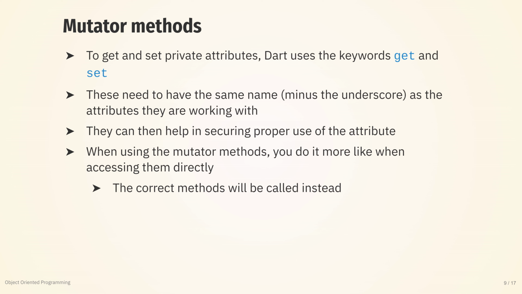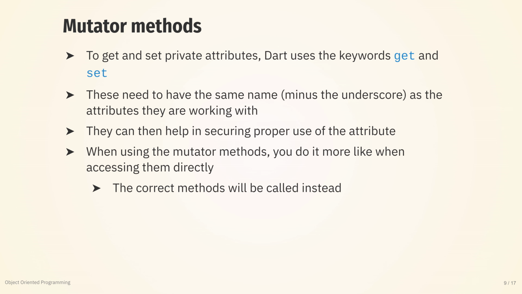The way to change these private attributes is to use mutator methods, get and set. And in Dart, we have the keywords get and set to help us do that. And they should then have the same name minus the underscore as the attribute they are working with.